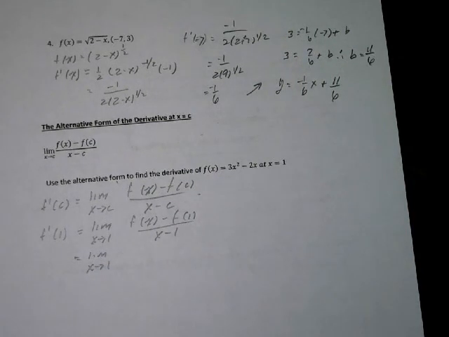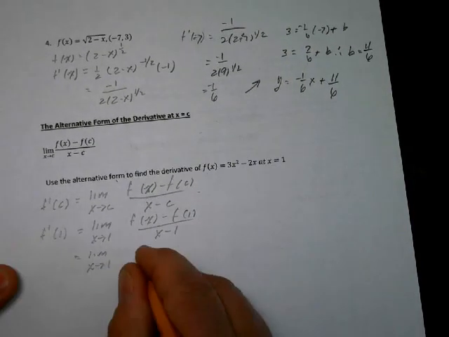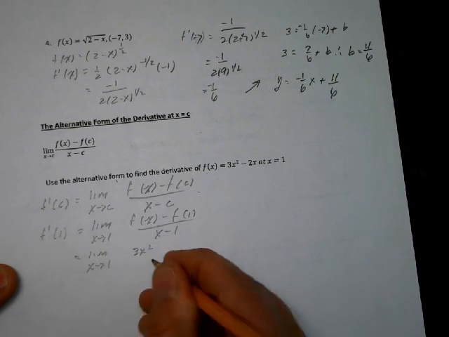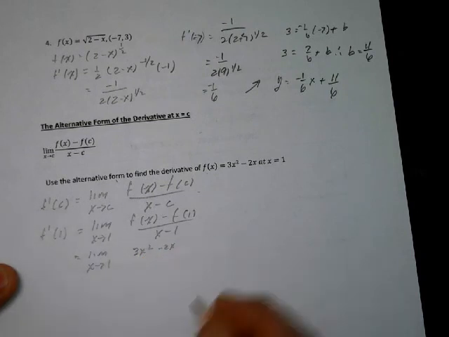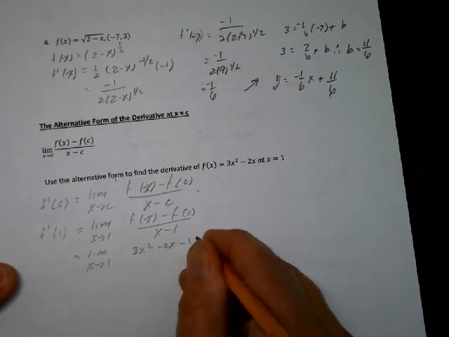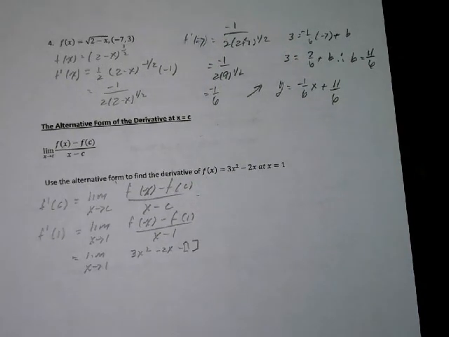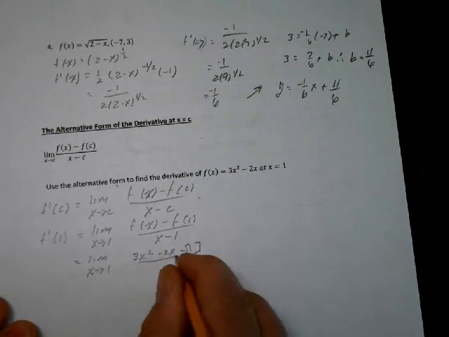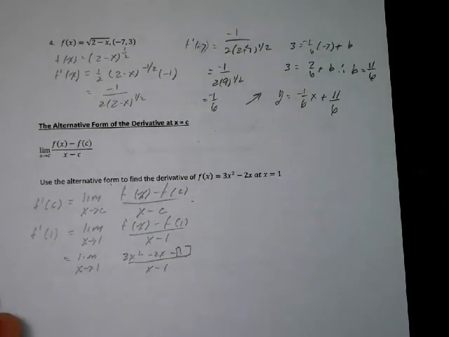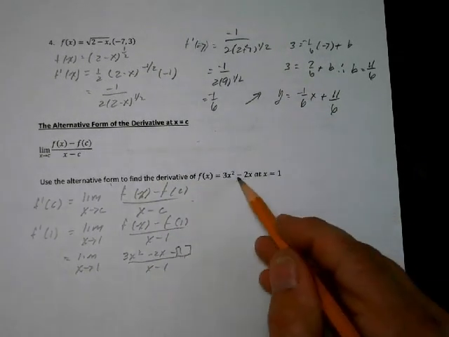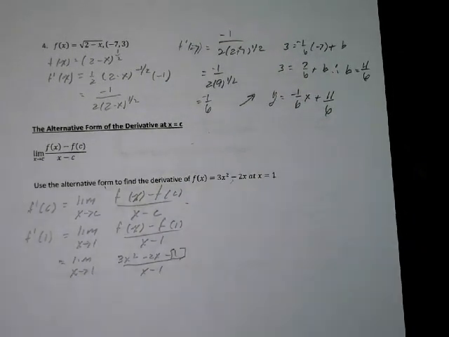Now this equals the limit as x approaches 1 of 3x squared minus 2x minus 1, all divided by x minus 1.